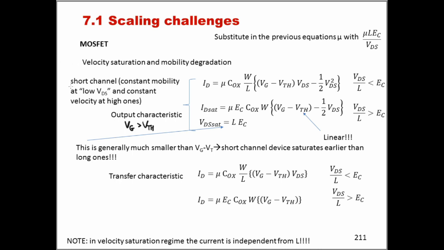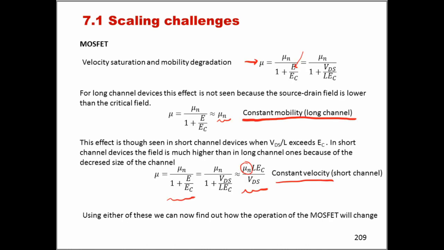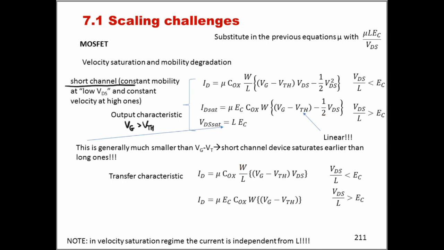In presence of short channel effects, we need to take into account that the mobility can take two values effectively, the ones that we've highlighted here. At low electric fields, the mobility can be effectively just this term, or at high electric fields, when we are above the critical electric field of the semiconductor, it will become this value. And so we have to separate these two situations.